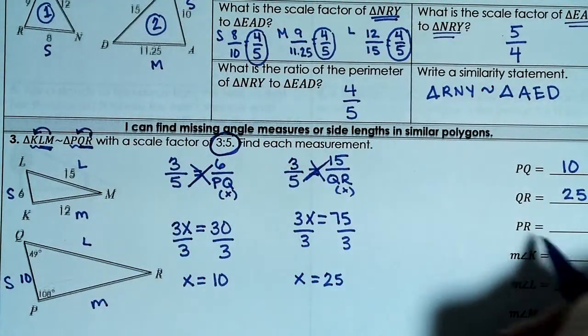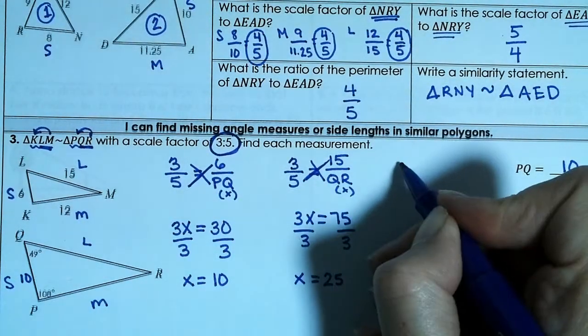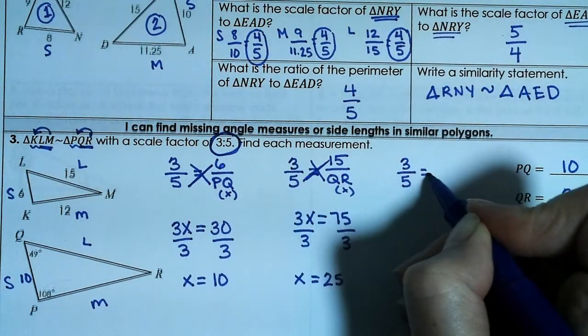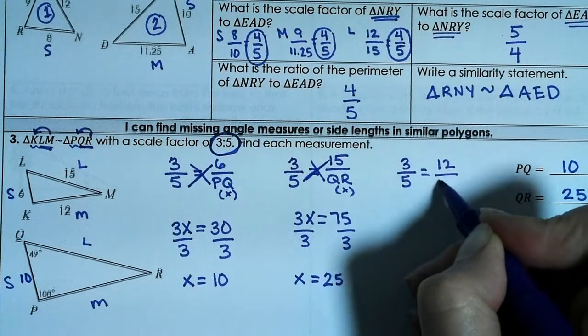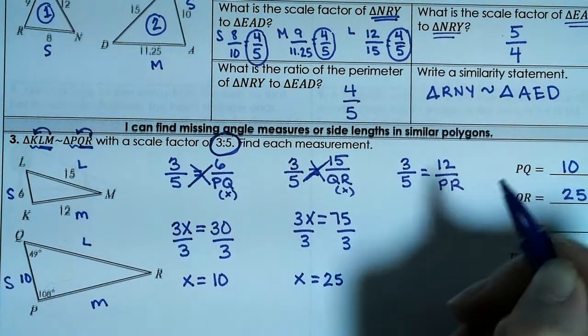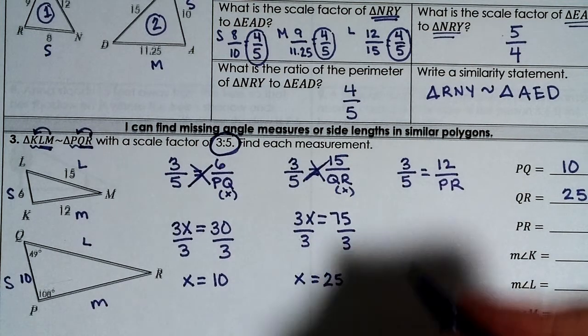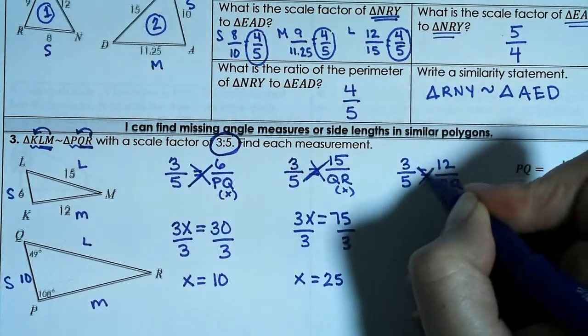All right, we're going to do the same thing for PR. PR matches with KM, which is 12. So using my scale factor, 3 over 5 should be equal to 12 over PR. All right, again, I'm going to call this x, and I'm going to cross multiply.